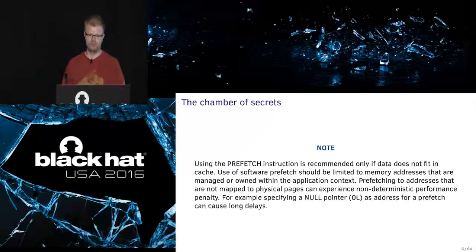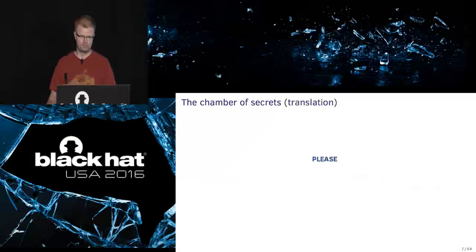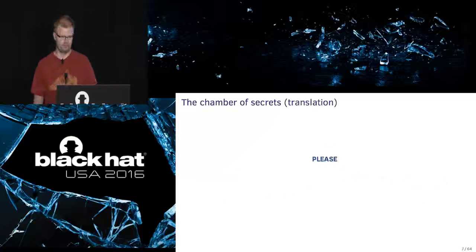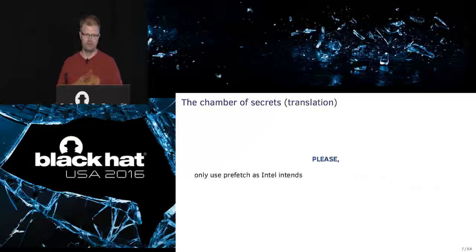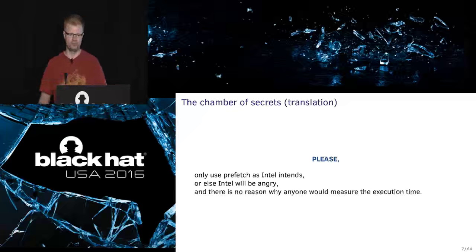For example, specifying a null pointer as an address for a prefetch can cause long delays. What somebody like Daniel reads when he sees this is, please only use the prefetch as Intel intends, or else Intel will be angry, and there's no reason why anybody would measure the execution time.